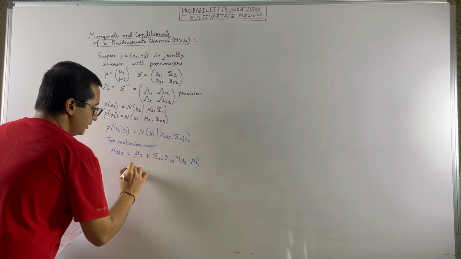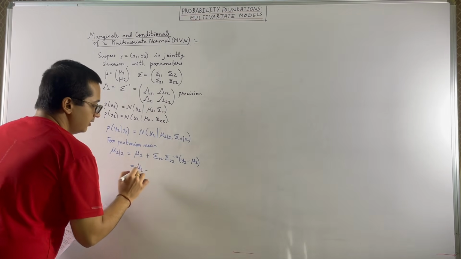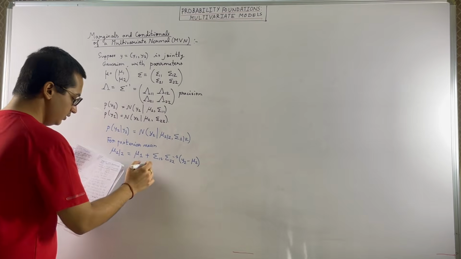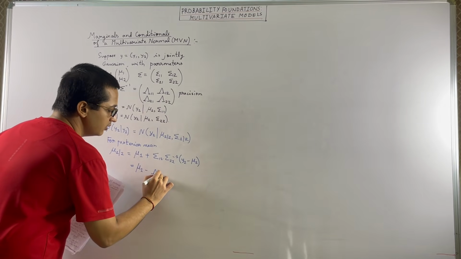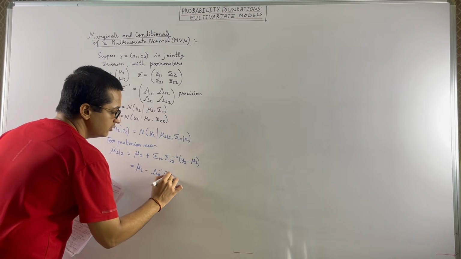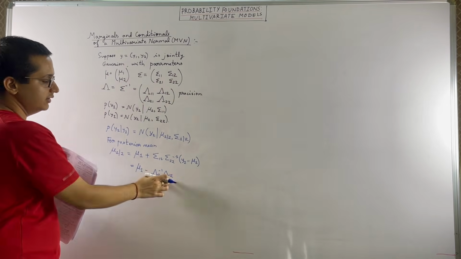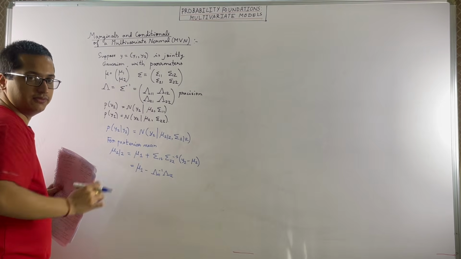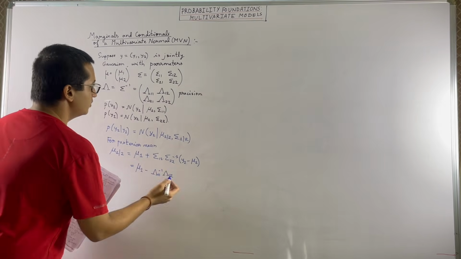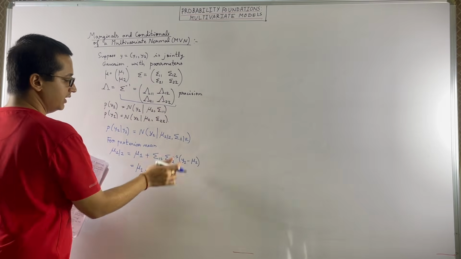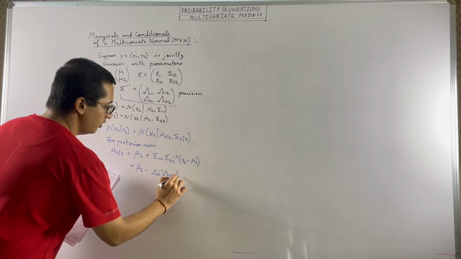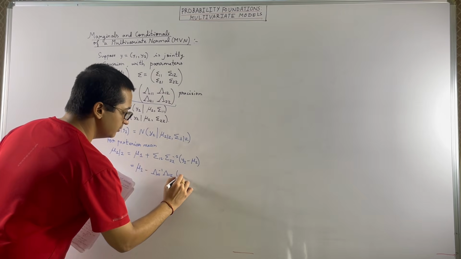That can also be written as mu1 minus lambda 1 1 inverse lambda 1 2. If you just equate this with its inverse, you get this in place of this. So using this equation, you can get from here to here: y2 minus mu2.